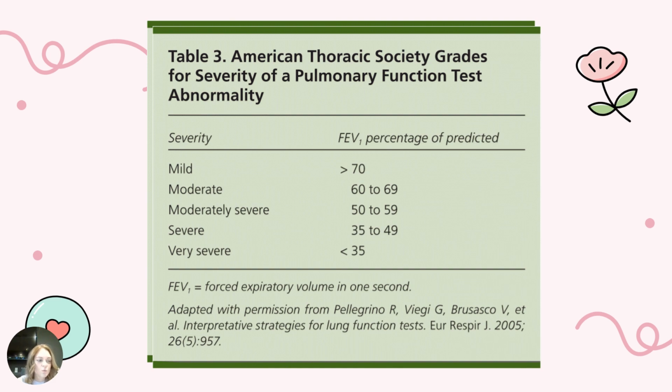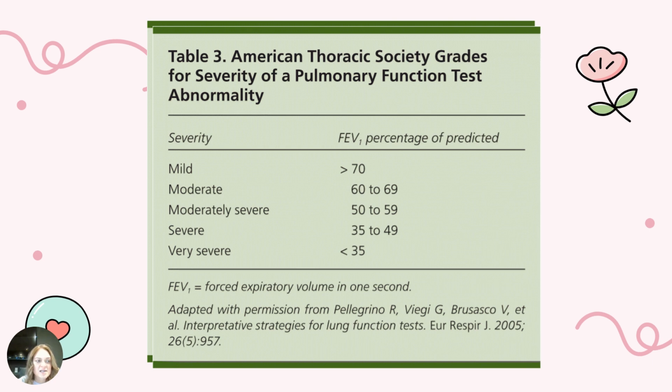And so we use this severity scale, especially in our obstructive diseases like COPD patients, to help classify the degree of airflow limitation based on those measurements, like our FEV1. With our severity scale, we are going to strictly be looking at our FEV1 percentage of predicted.